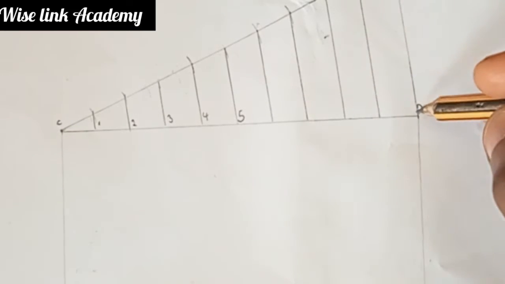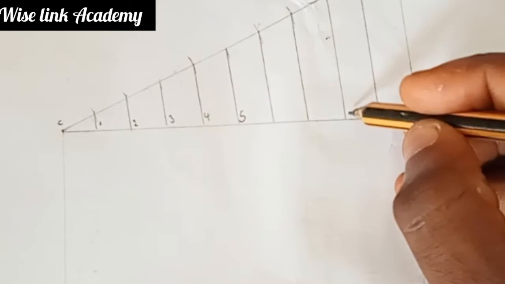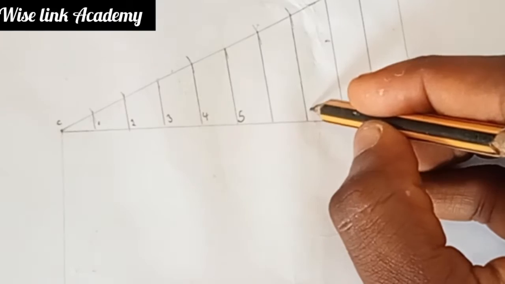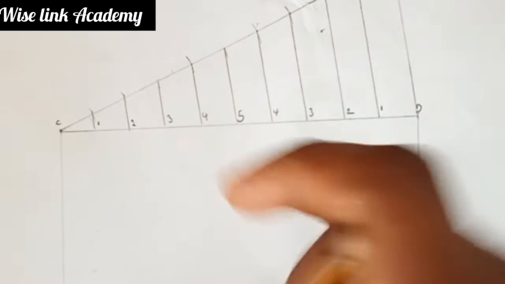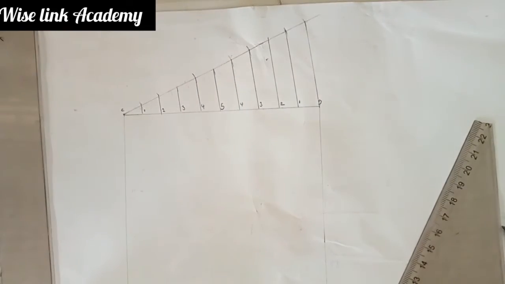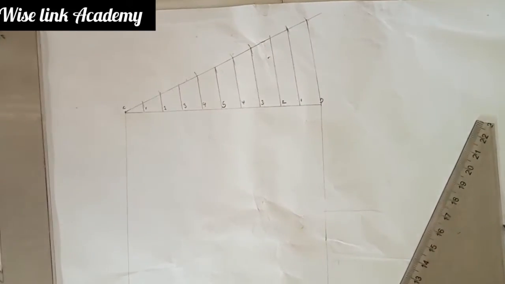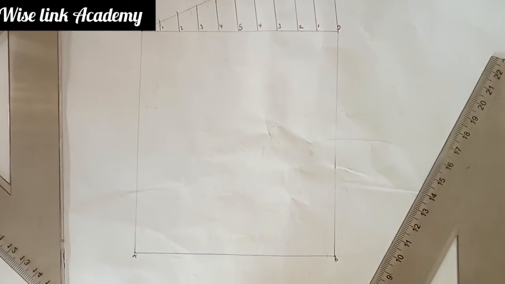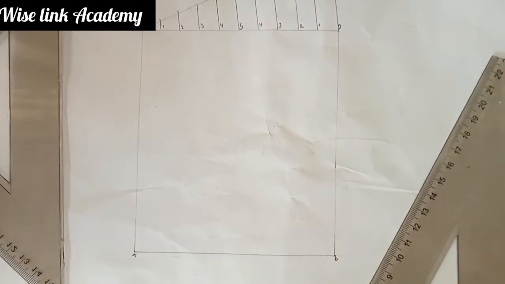Here is 0, here will be 1, 2, 3, 4, and then 5. That's what you need to do. The second thing you need to do is come to this line DB. You divide this line DB into 5.